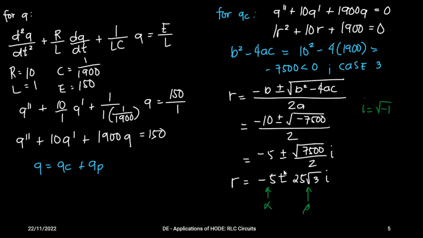So hence the complementary solution for Q sub C is equivalent to e raised to alpha x times C1 cosine beta x plus C2 sine beta x. Okay? So, substitute lang natin.